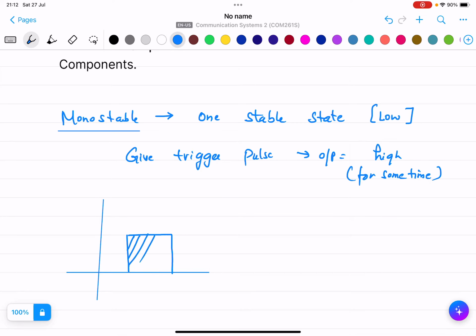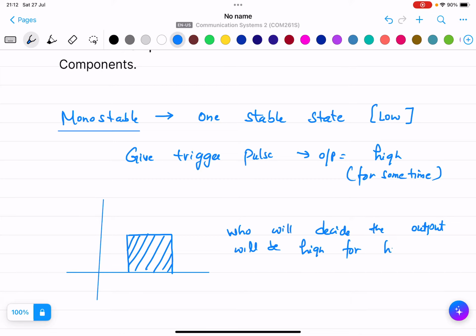Let us say this is the monostable multivibrator. Who will decide for how much time the output will be high?